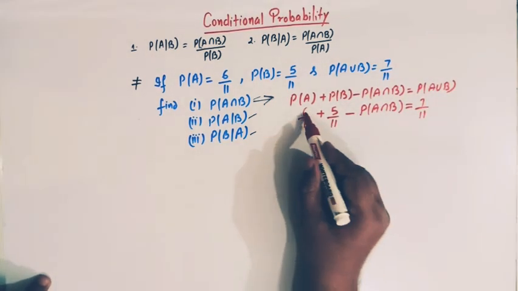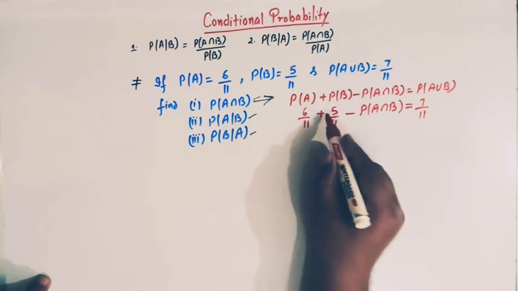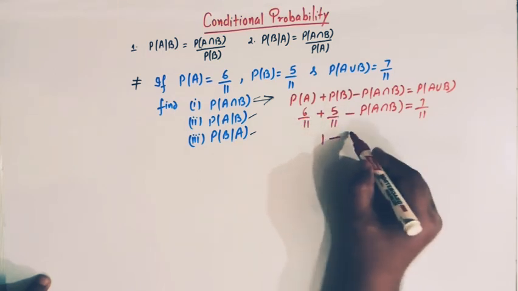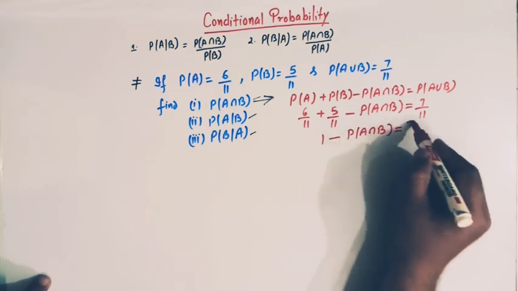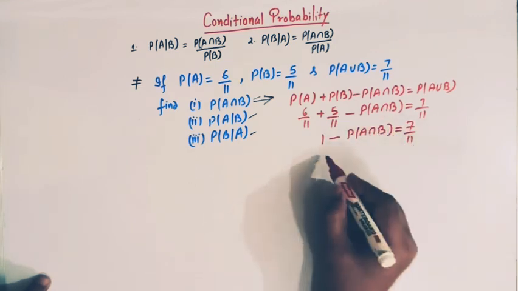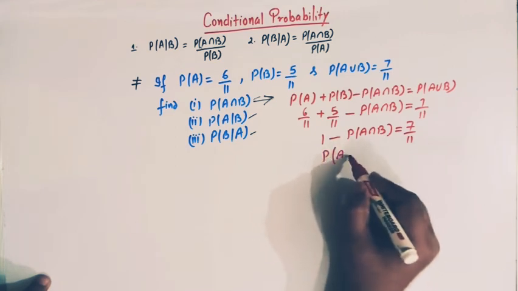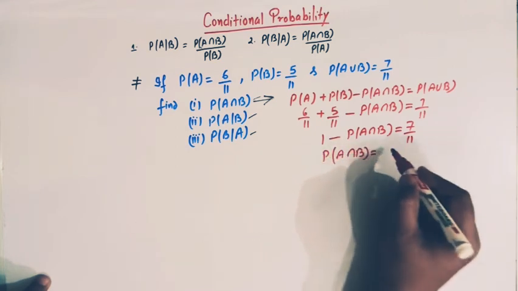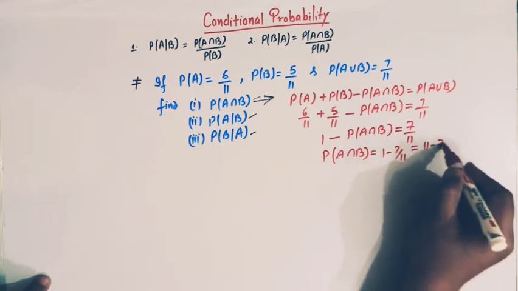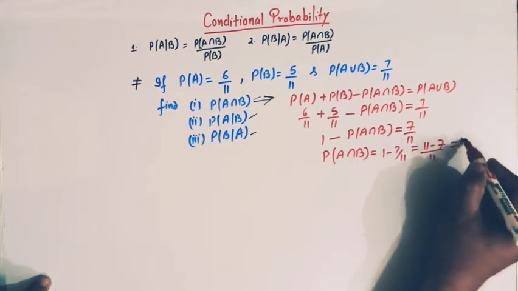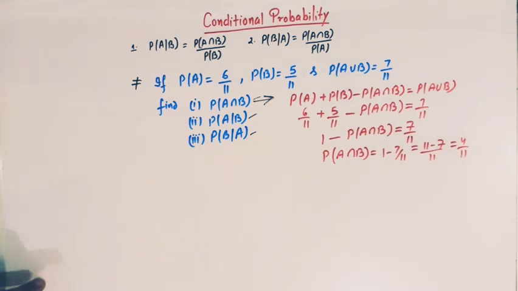So this is 6 plus 5, 11 over 11, that is 1. 1 minus P A intersection B is equal to 7 over 11. So the probability of A intersection B is 1 minus 7 over 11, that is 11 minus 7 over 11, that is 4 over 11, right?